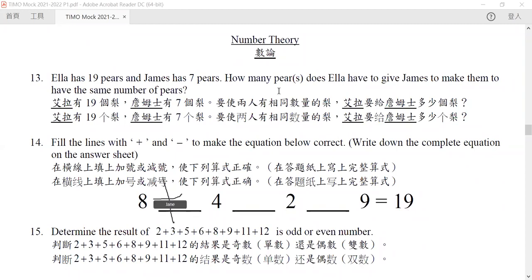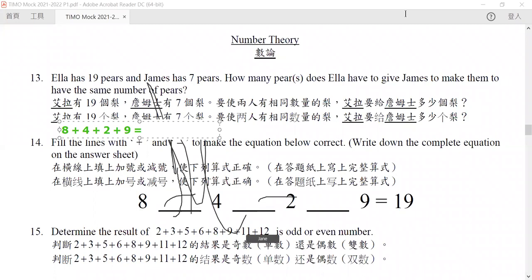If we just simply add these numbers all together, 8 plus 4 plus 2 plus 9, we would get 23.